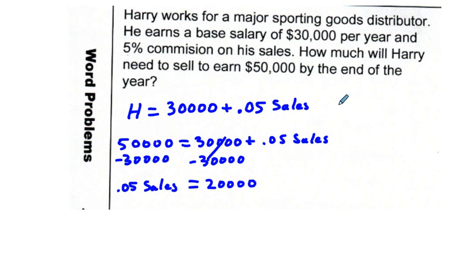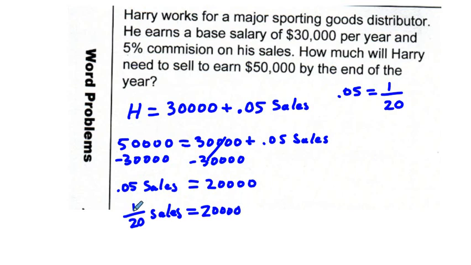Well, I happen to know that 0.05 in fractional form is 1/20th. You can think of it this way: how many nickels does it take to make $1? Well, 20 of them. So that's 1/20th. If we write this as 1/20th sales is equal to $20,000, what can you do to solve for this?